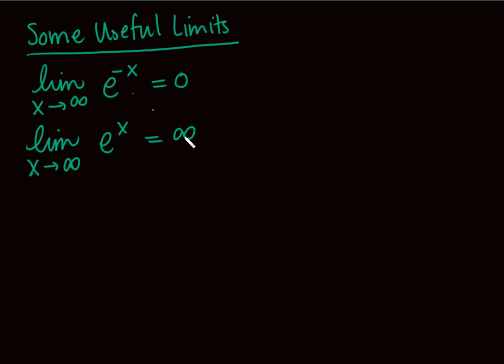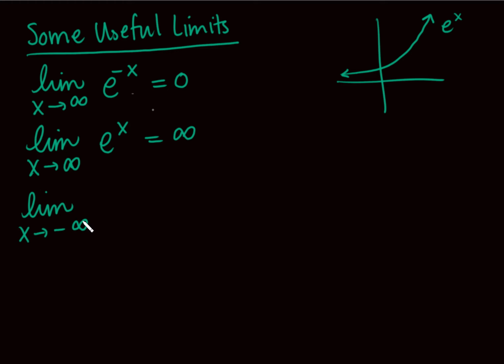If you look at the graph of e, here's the graph of e. Whoosh. You have to make that sound when you graph e. That's the graph of e. So obviously as x goes to infinity, e to the x is going to get really, really big. Another useful one, the limit as x goes to minus infinity. Minus infinity is going to be going this way.